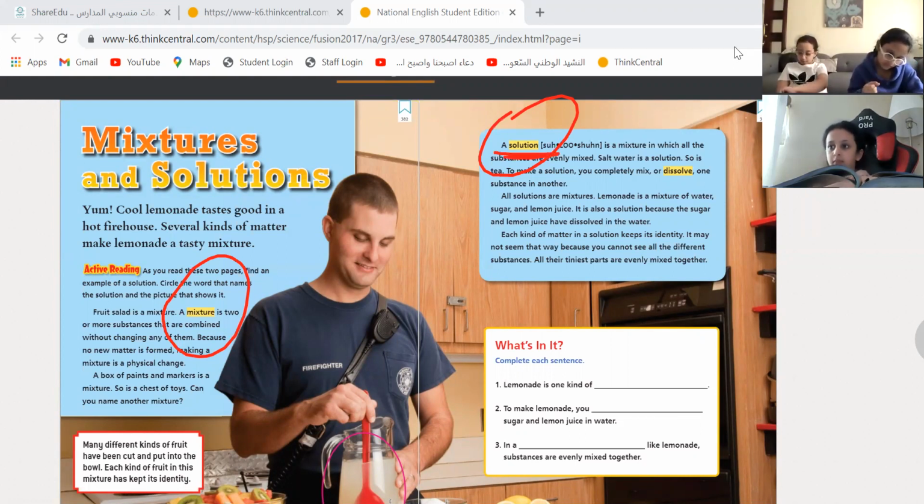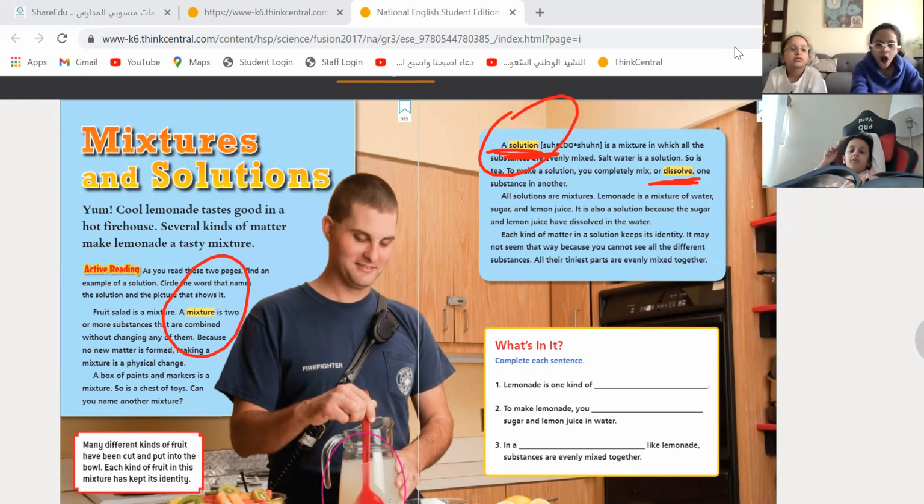But what is a solution? There must be something that dissolves into another. So when you make salty water or a lemonade, what do you do? You dissolve the sugar in water. Also, you dissolve the lemon juice in water when all materials are evenly mixed.